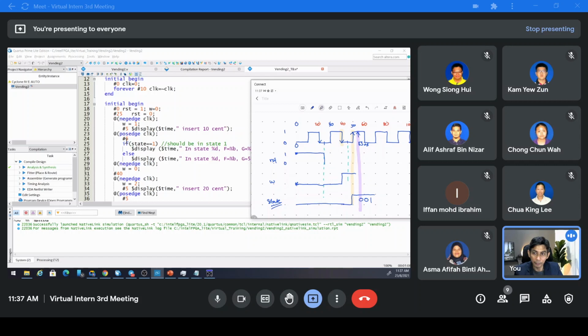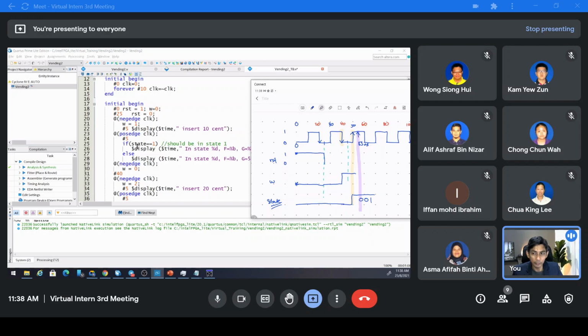And then after 5 nanoseconds, at 55 nanoseconds, I test. This is the condition. So I check if state is equal to 1, that is 001, so the design must be correct, at least until here.